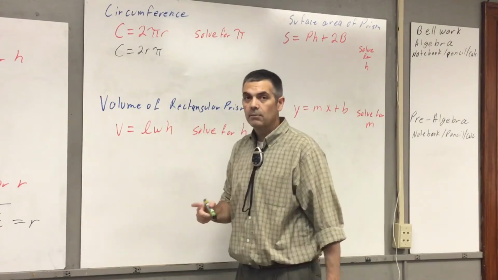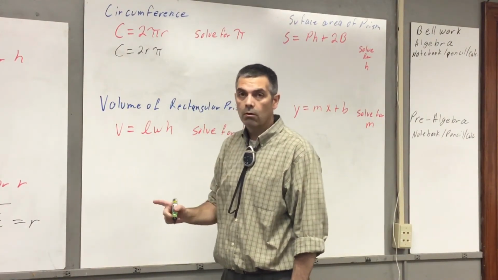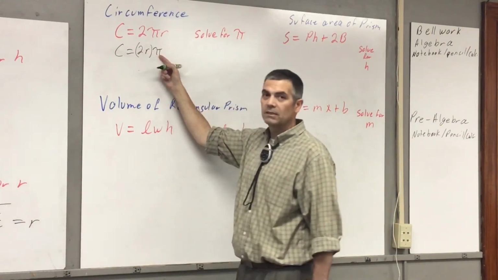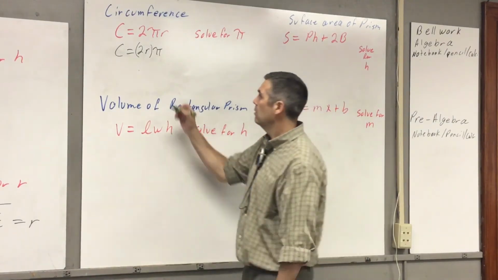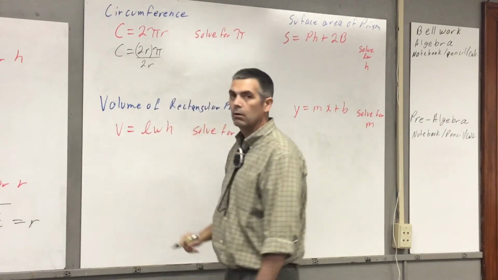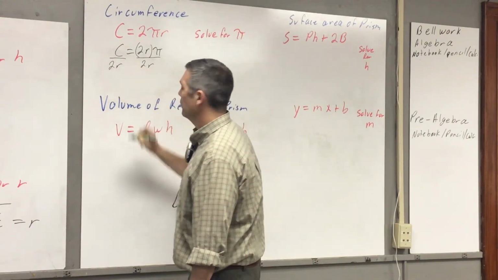The next thing that I'm going to do is divide by 2r. This is being multiplied times this. That's your associative property. You get to group those together. So I'm going to divide by this little grouping that I have right here, 2r. And I'm going to do the same thing over here.